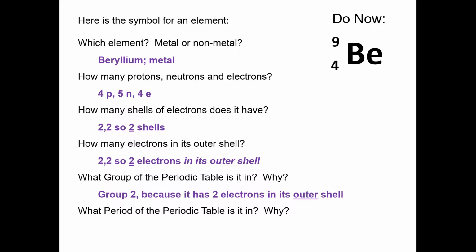Now we can find that out from the periodic table, but we can also find it out from these numbers, this symbol, because we can work out that it has 2 electrons in its outer shell, and we say that for the first 20 elements, the group number tells us the number of electrons in the outer shell. And finally, the number of shells tells us the period. So here we've got 2 shells with some electrons in, so this will be in period 2. Well done if you got all those right so far.